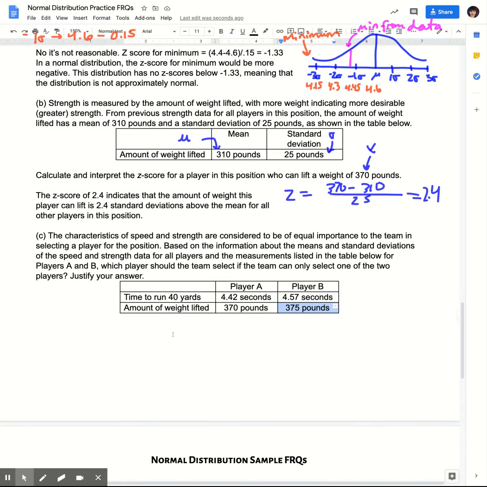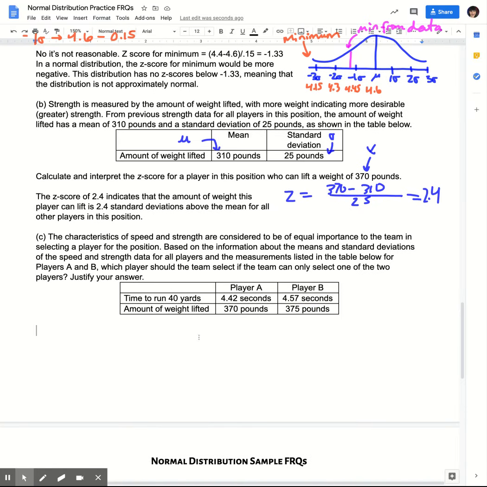And in order to do that, we have to calculate some z-scores, right? I can't compare how much better of a runner player A is to how much better of a lifter player B is until I standardize all of my scores and convert them to z-scores.